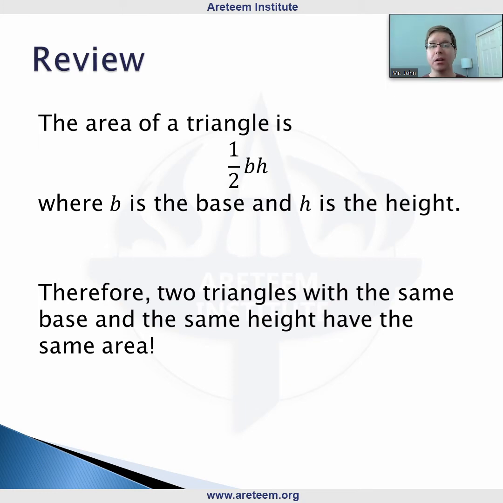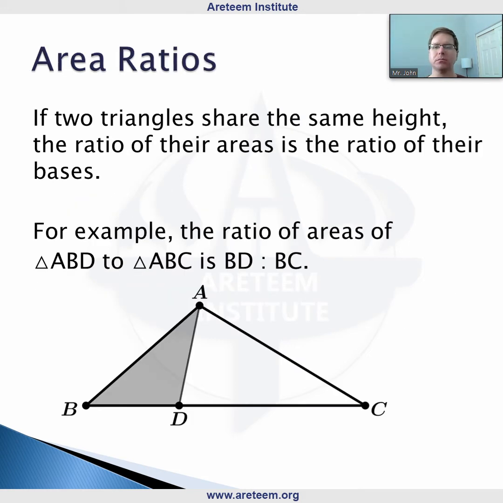Now, what we're going to be talking about today with our area ratios is what happens when you change one of the quantities. In particular, we're going to be talking about what happens when you change the base. So, our big fact: if we have two triangles that share the same height, then the ratio of their areas is the same as the ratio of their bases.